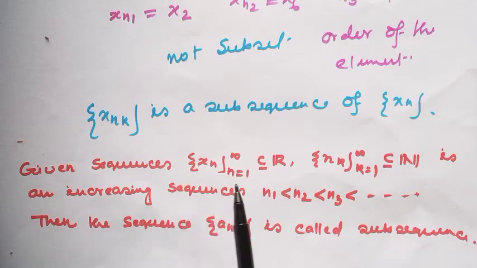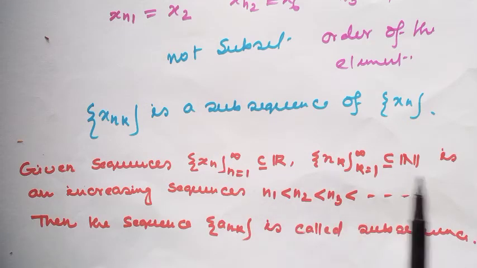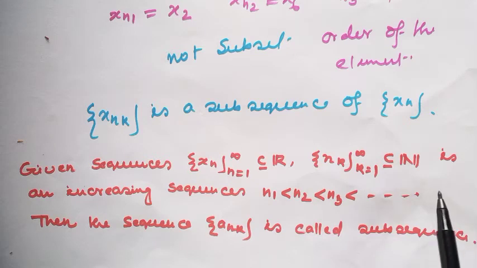Given a sequence x_n, n from 1 to infinity, a subset of R, and n_k, k from 1 to infinity, a subset of natural numbers, is an increasing sequence n1 strictly less than n2, n2 strictly less than n3, and so on.